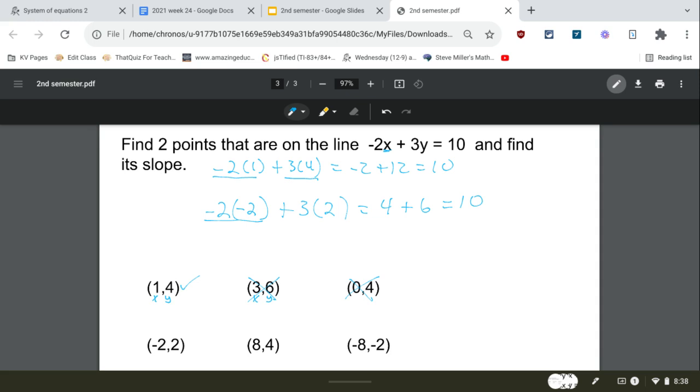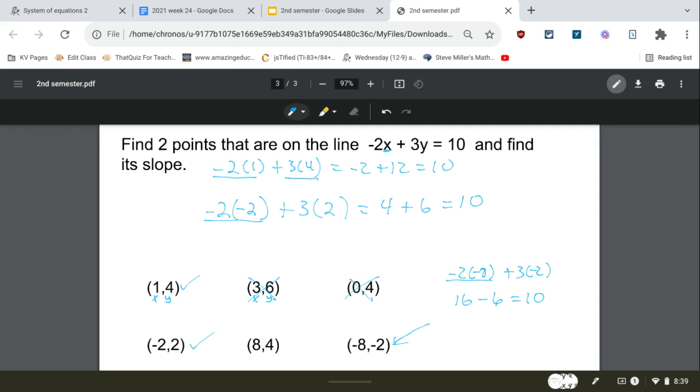And that does equal 10. There you go. That point is on that line. There is one more. This one right here is also on the line. Negative 2 times negative 8 plus 3 times negative 2. This gives you positive 16 plus negative 6, and that does equal 10.